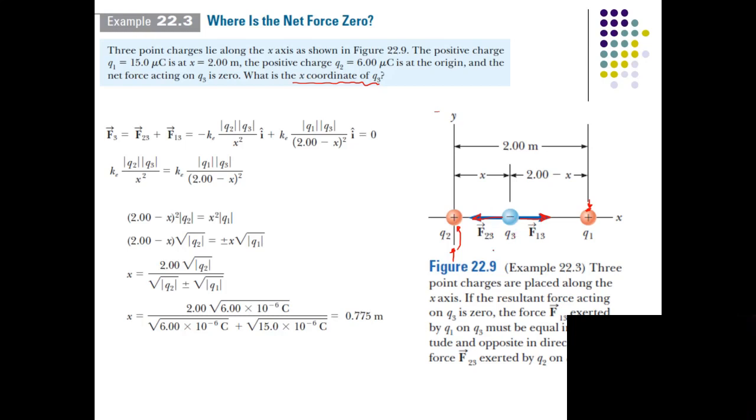So what we aim for here: we know that this force is in a direction opposite to this, but their magnitudes are the same. So we could say the magnitude of F23 is equal to the magnitude of F13. How do we know that? Because the question says the net force is equal to 0. So their magnitudes at least have to be equal to each other. Now, how do you solve this kind of thing?